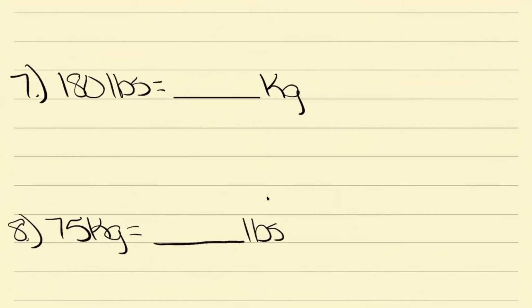Moving on to number 7, 180 pounds is equal to how many kilograms? Well, we have a conversion that links those two. It says that 1 kilogram equals 2.2 pounds.